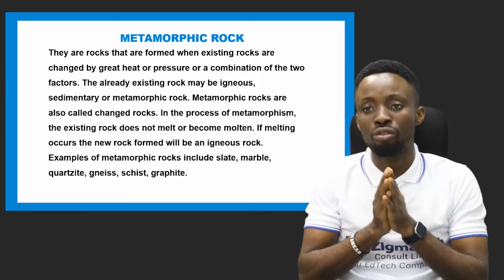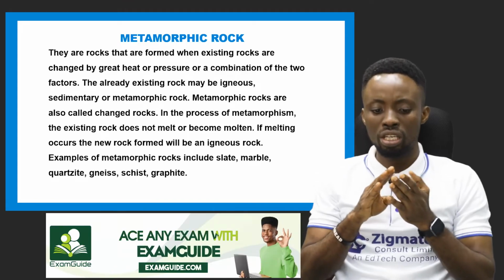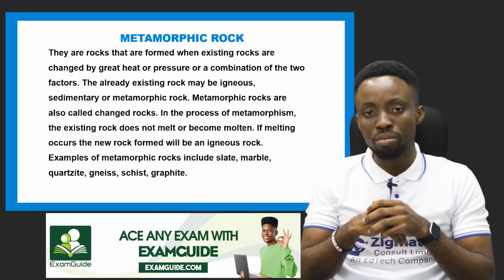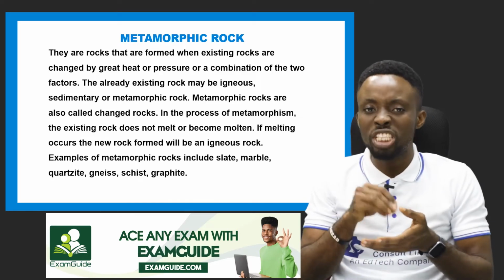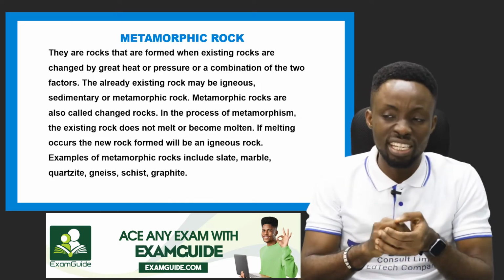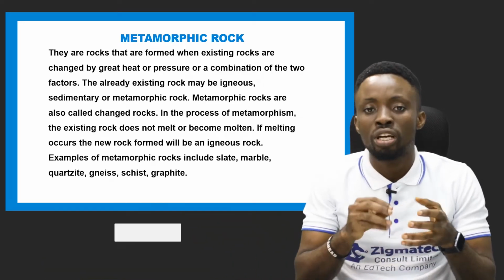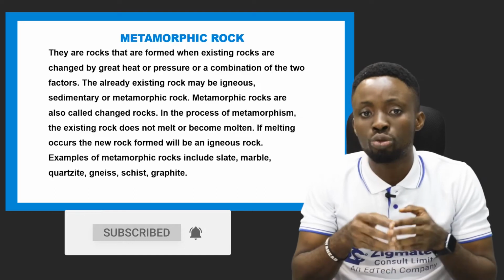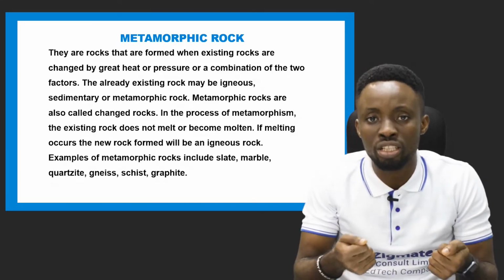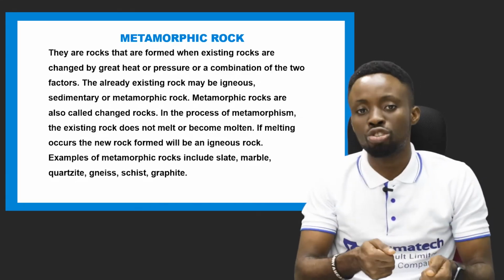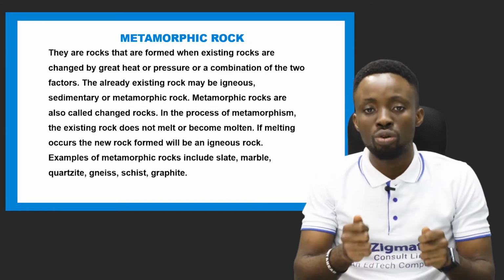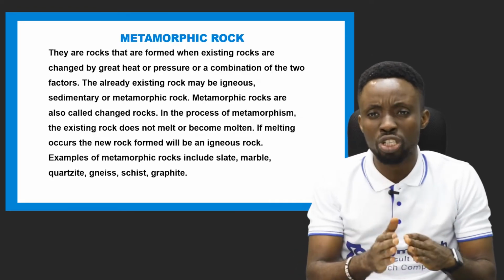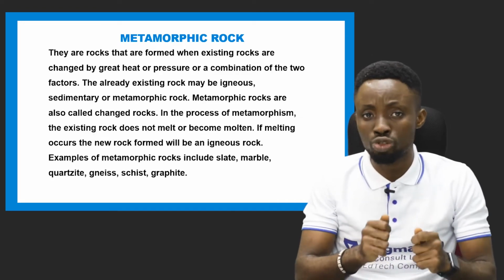During the process of transformation or metamorphism, the rock that is being subjected to intense heat or intense pressure, or both factors, will not melt. The moment such a rock goes through a melting stage, we call it an igneous rock. So during this process of intense heat or pressure, the rock is not going to melt or turn to magma.